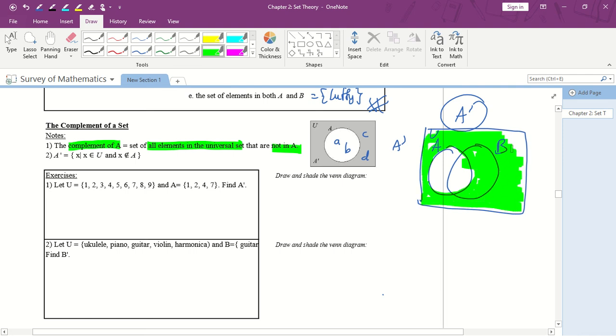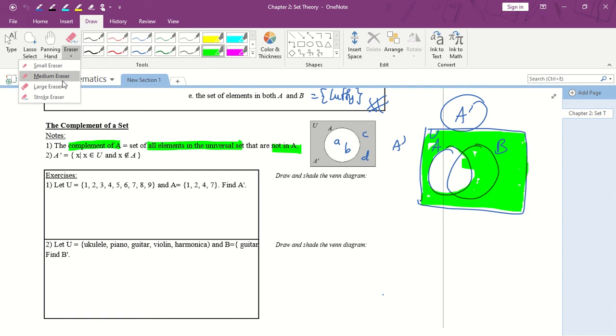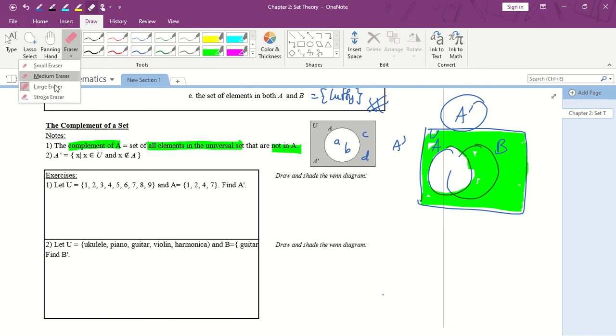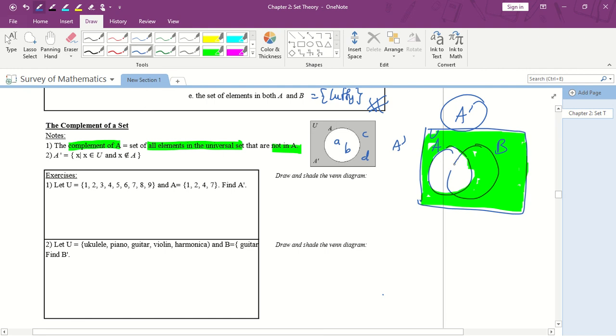Then you will ask, how about the B? We didn't mention anything about the B. No, I don't care about the others. My target is nothing inside the A. And that is called A prime.